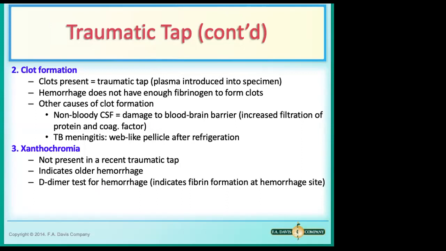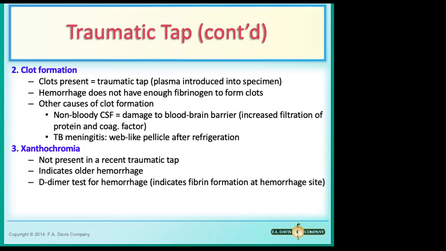Other causes of clot formation in non-bloody CSF are damage to the blood-brain barrier or tuberculosis, or tubercular meningitis, which produces a web-like pellicle after refrigeration.